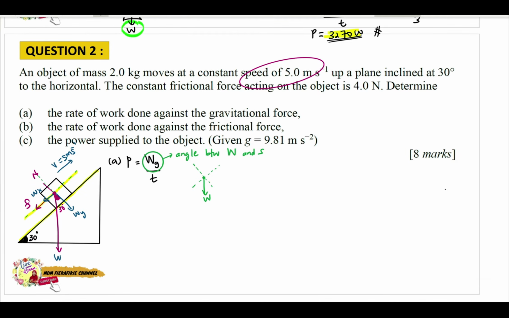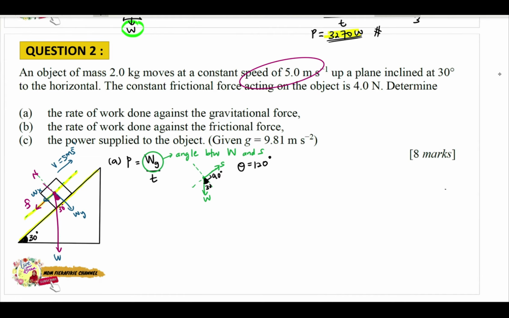W is straightly downward and S goes this way. So the angle between W and S, not WY, is 30 plus 90 degree. So the angle is 120 degree.